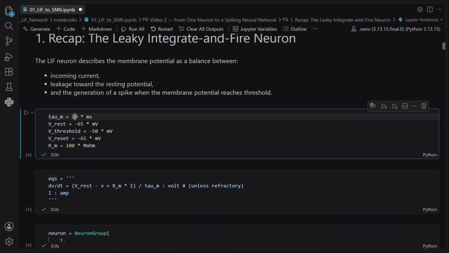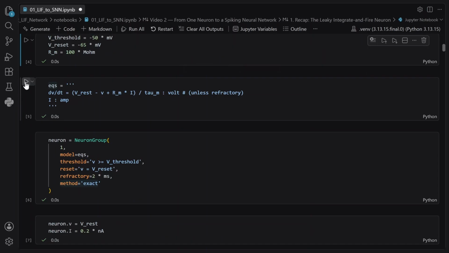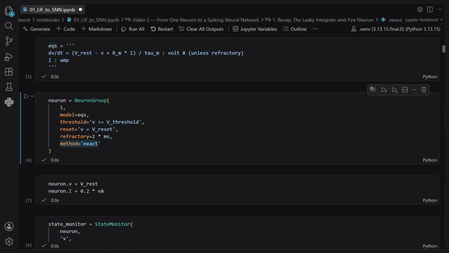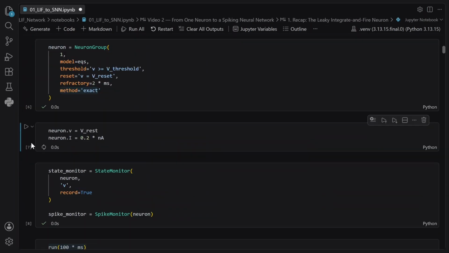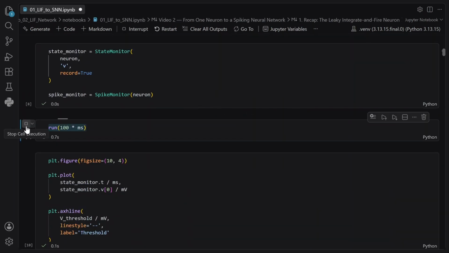Let's change our time constant to 20 milliseconds. Our equation is already defined. Let's just do it again. Set our initial condition and run.